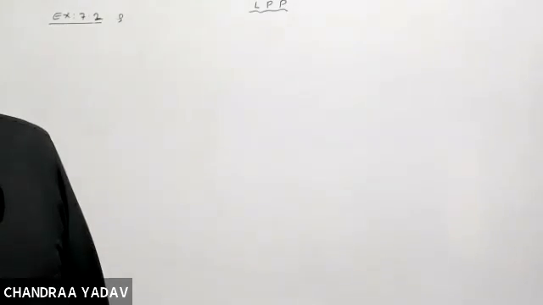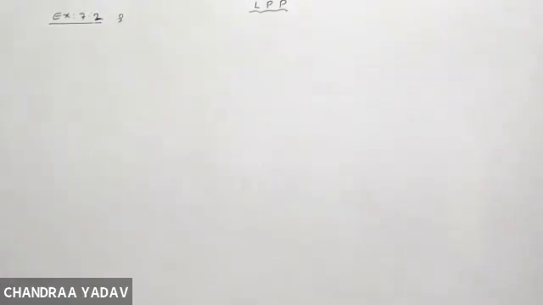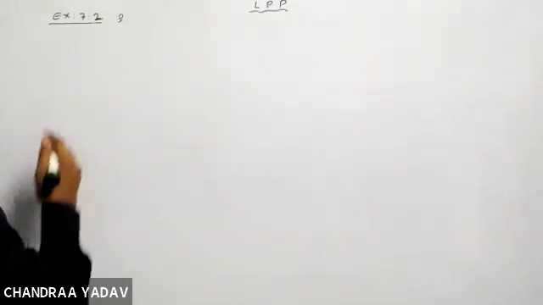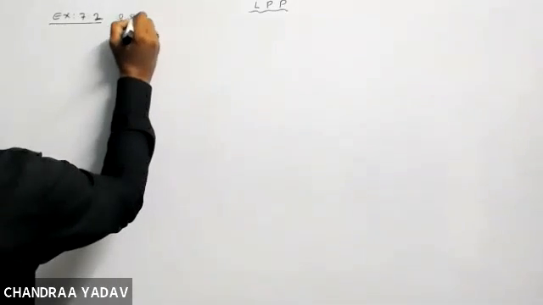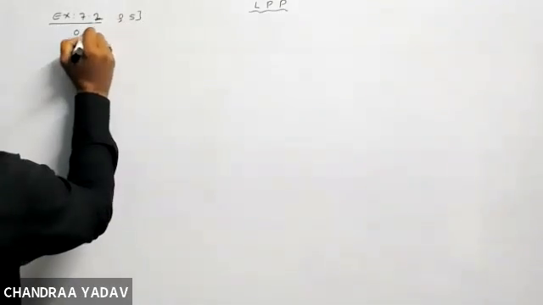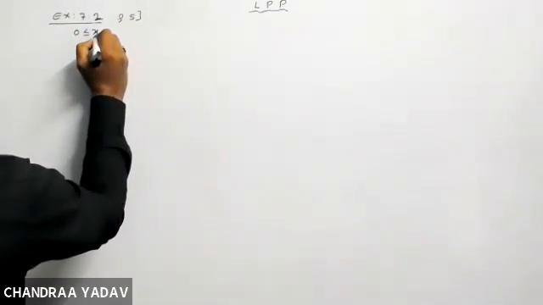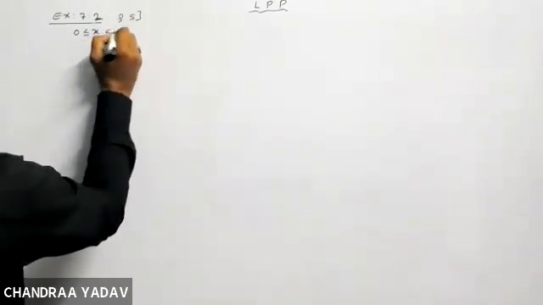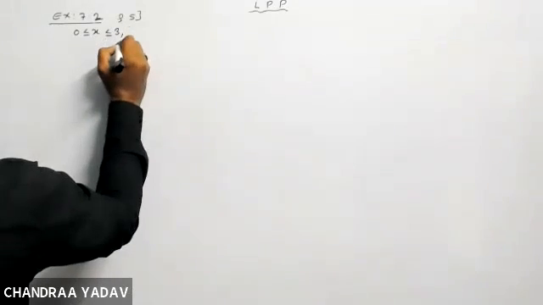Now see the fifth question. If you have the textbook, you can go through question number 5, or else you can pause on the screen. x is greater than or equal to 0, less than or equal to 3.